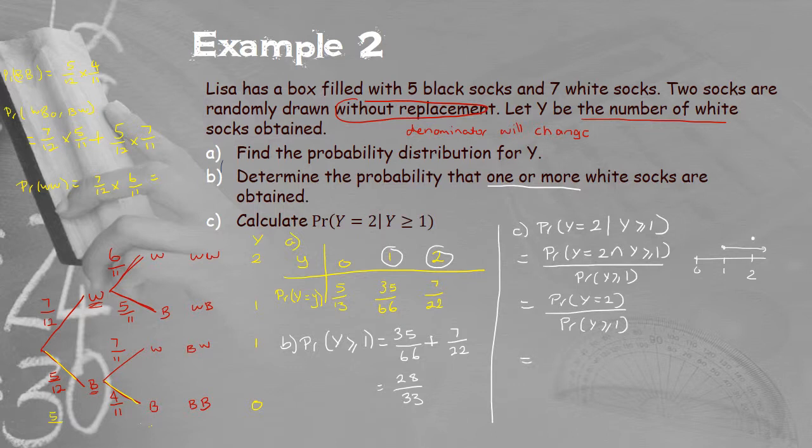Now we can substitute in probability Y equals 2 from our table is 7 over 22, and we need to divide by probability Y is greater than or equal to 1, which we worked out in part B, 28 over 33, which when we simplify again by hand or in the calculator, we get our answer of 3 over 8.